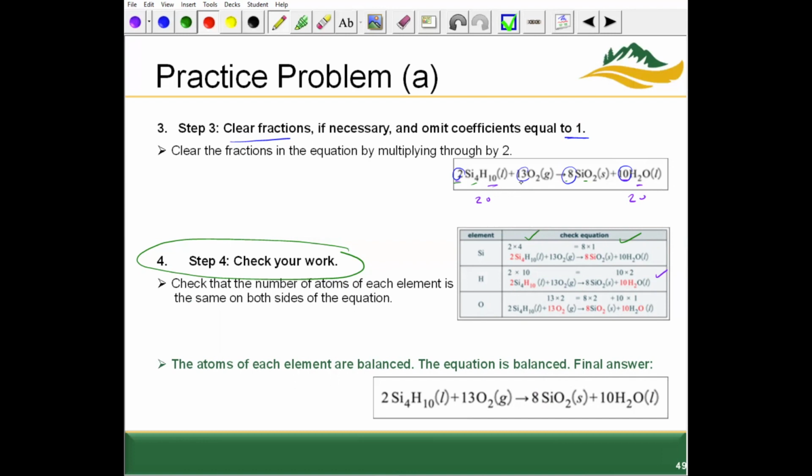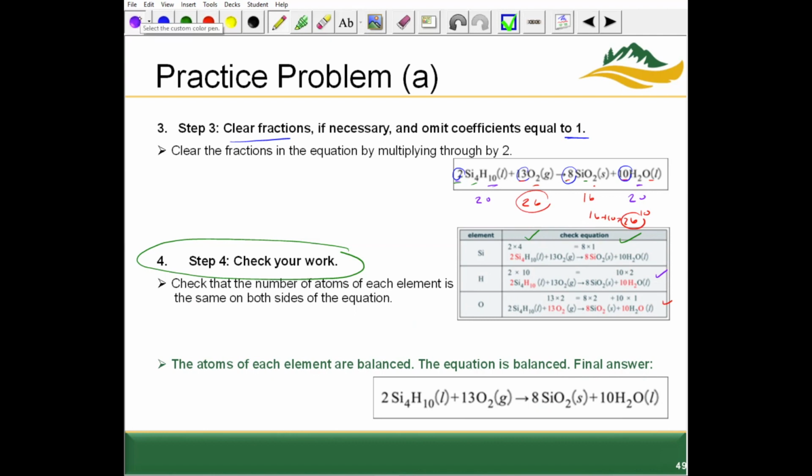Oxygen then, we have 13 times 2, that's 26. Oxygen here, we have 8 times 2, that's 16. And the other product, we have 10 times 1, that's 10. So 16 plus 10 is 26. Here we have 26 and 26 oxygen atoms on both sides.